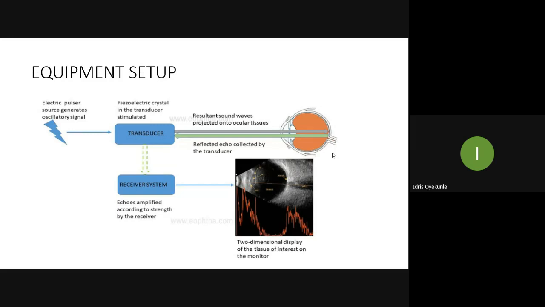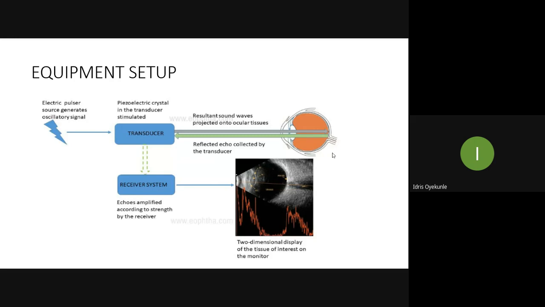Looking at the equipment setup, the ultrasound setup actually starts with the probe or the transducer, which has an electric pulser incorporated into it. And then the most important part of it is the piezoelectric crystals, which could be quartz or some other materials. So these materials, when they are stimulated by electric energy, produce sound waves.